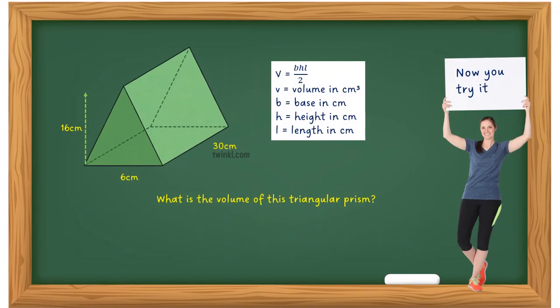Let's look at this question. See if you can answer it. Have a go. What is the volume of this triangular prism? Pause the video. How did you do? Let's have a look. Now you can see this BHL over 2. If you know your BODMAS rules, you'll know that means base times height times length divided by 2.